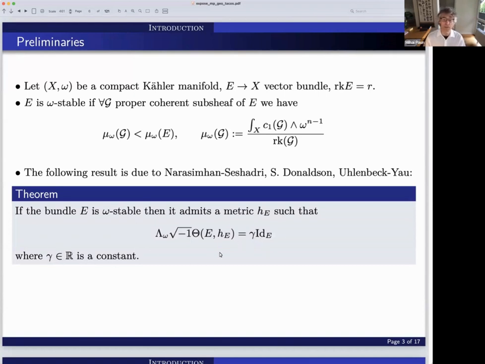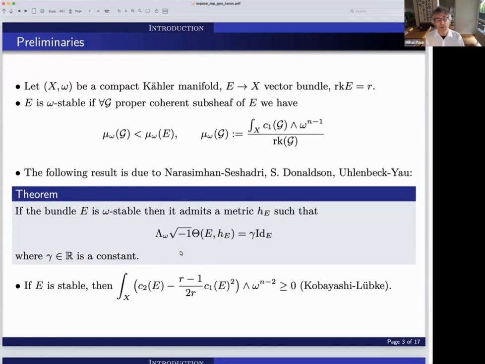So this is a constant, which of course you can compute by taking the trace in this equality here. And now, one of the important consequences of this equality, the existence of this metric, is that stability implies the so-called Kobayashi-Lübke inequality, which is the one here between C2 and C1 squared.